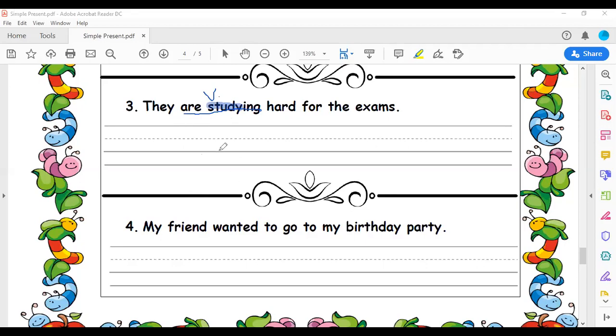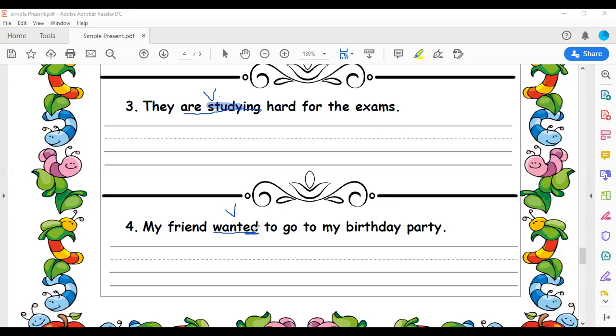Okay, this is a homework. You change study into simple present as the subject. Okay, my friend wanted to go to my birthday. So where is the main verb here? Wanted. Bravo. And it's a verb in the past.